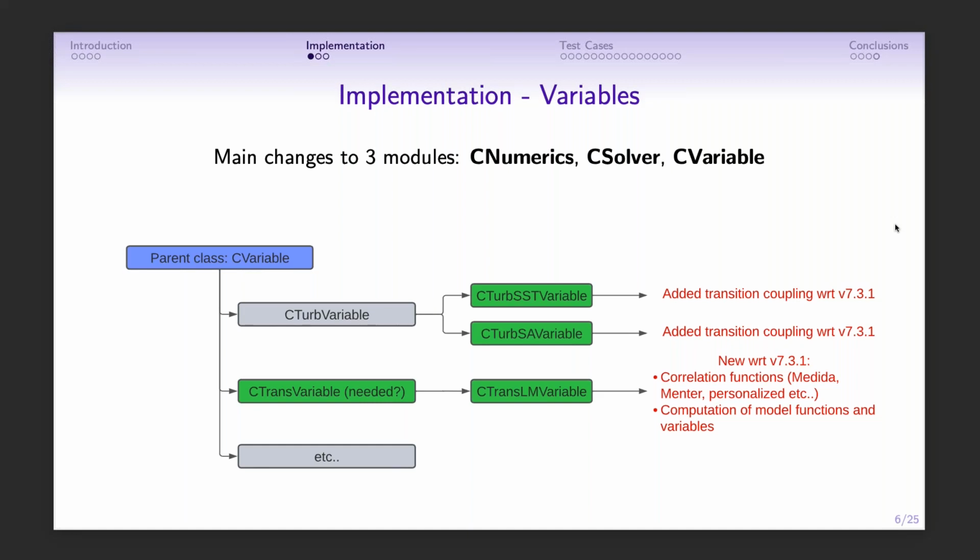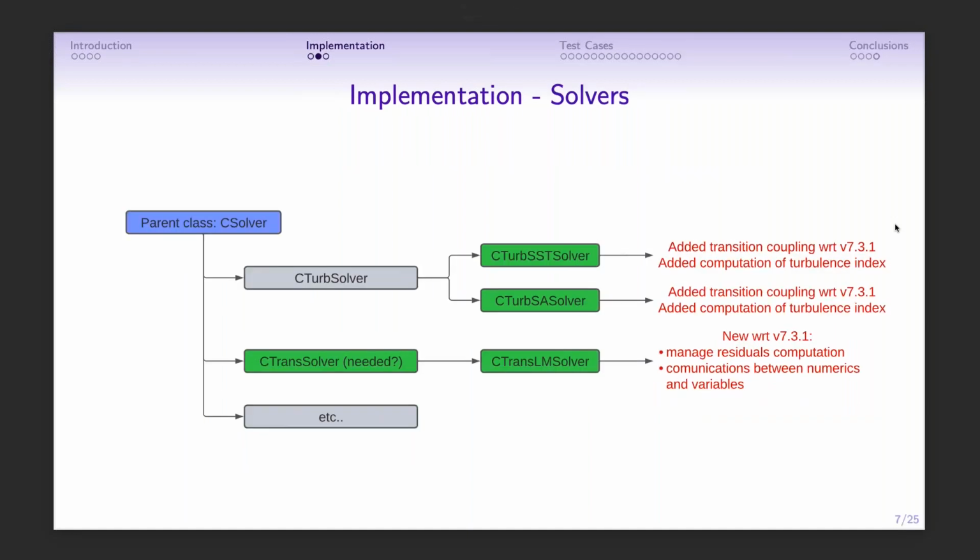Then we create a CTransLMVariable, which contains all the correlation functions for the transition model and the computation of the values that are needed for the transition. Then we modify the SST and SA variables in order to couple the transition model. For the solver, again, the same.